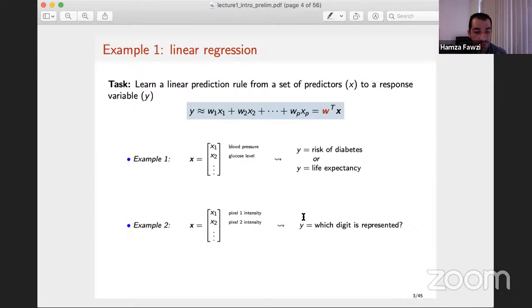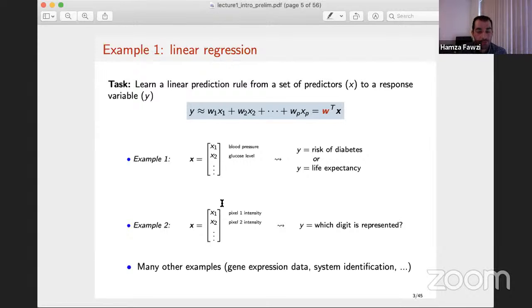For example, if these are images of digits 1, 2 up to 9, you want to know which digit is represented in this image, or you want to know: does this image contain a car? Does it contain an airplane? Does it contain a book? And so on and so forth. So you're trying to learn a certain function Y equals f of x, and in this case, I'm looking just for a linear function of x. These are just 2 examples.